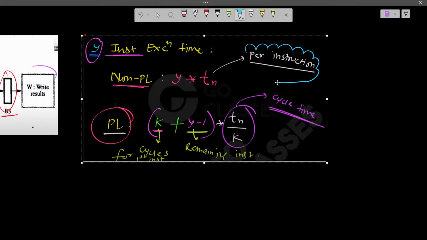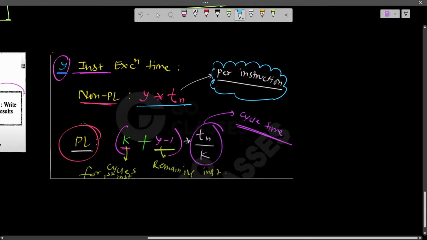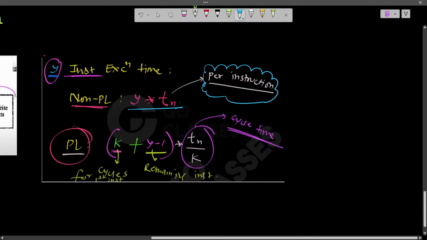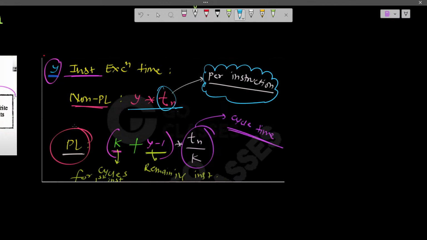For non-pipelining, we saw that it is y into tn, where tn is the clock cycle. And for pipelining, k is the number of stages, so k cycles for the first instruction, plus y minus 1. You guys can relate now.